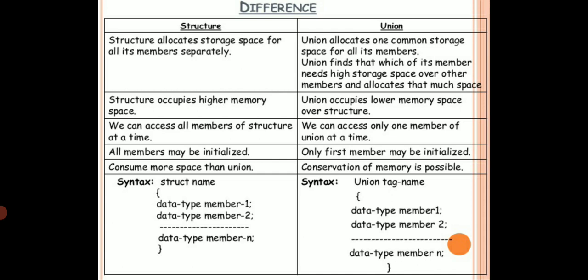The fourth point: all members may be initialized at a time in a structure, but in a union only the first member may be initialized. The next point: a structure consumes more space than a union, but in a union, conversion of the memory is possible. So these are some of the differences between the structure and the union.